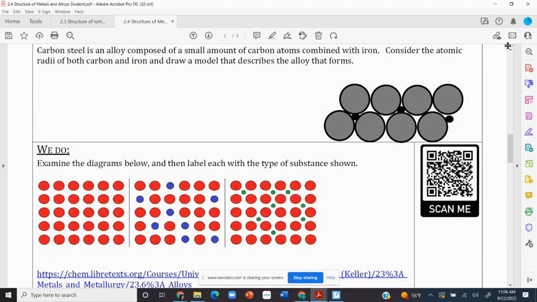Then down here, examine the diagrams below, then label with each type of substance. So what is this? It's just a metal, yeah. A pure metal, I guess we would say pure. What is this? Substitutional alloy. And this is an interstitial alloy.